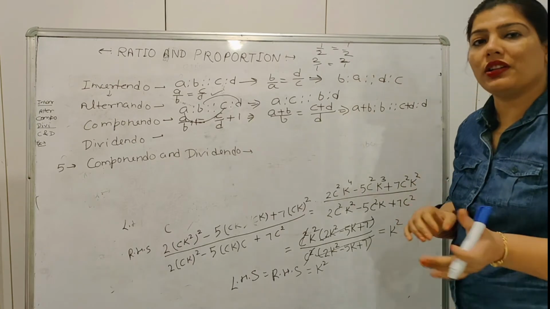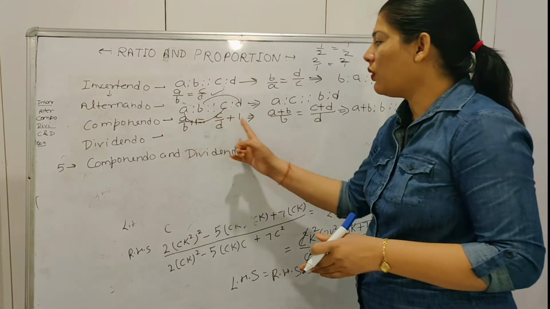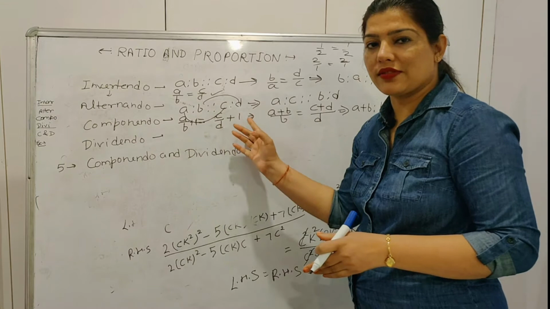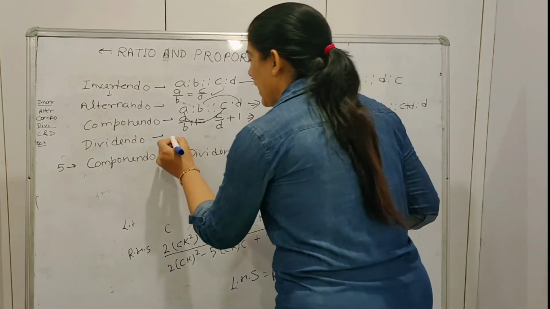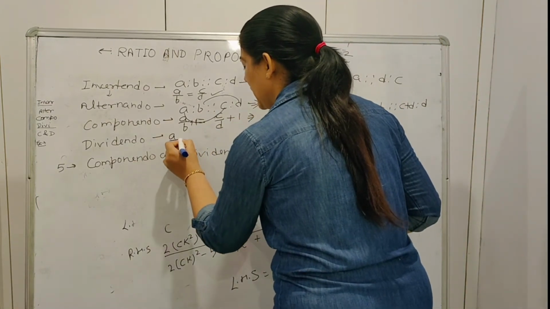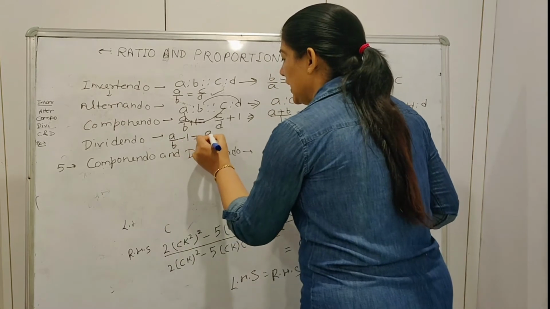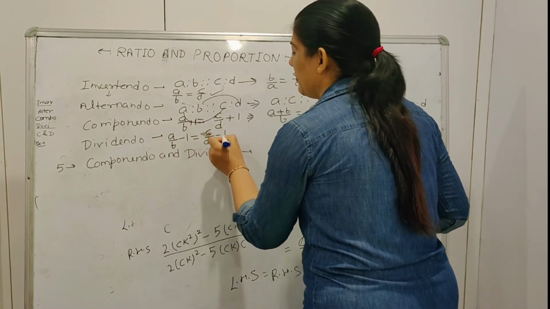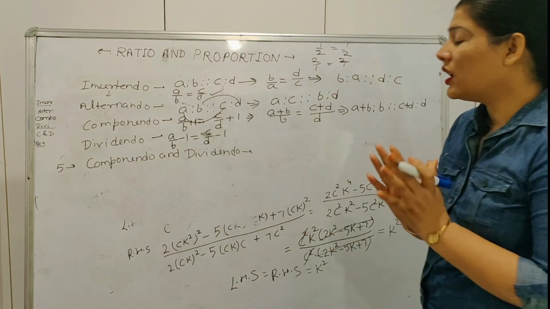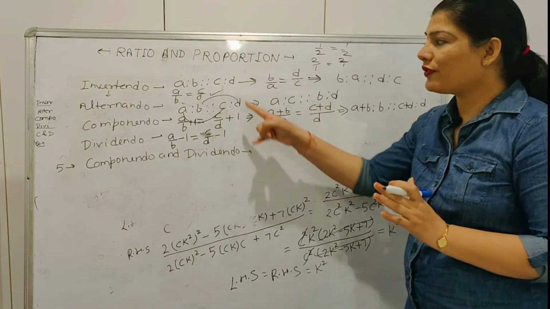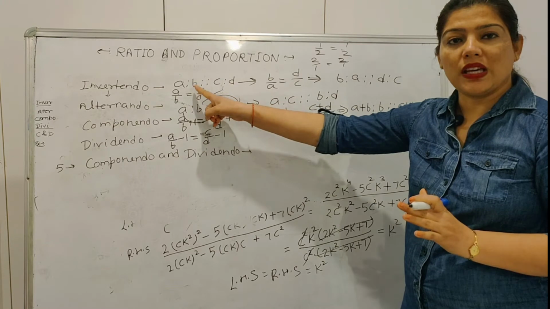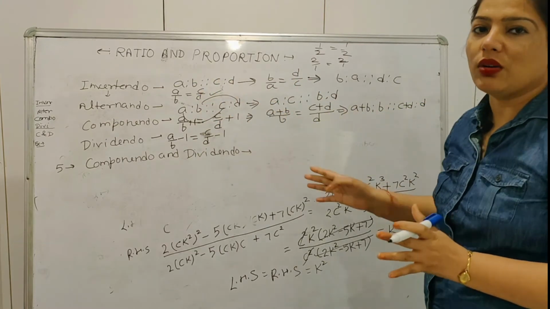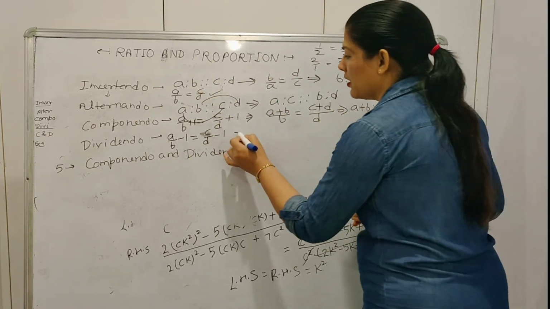And dividendo, in dividendo we will subtract 1 from the left hand side as well as the right hand side. So we have here A by B minus 1 is equals to C by D minus 1. And remember that in each of the cases A is to B is proportional to C is to D, so that is given.